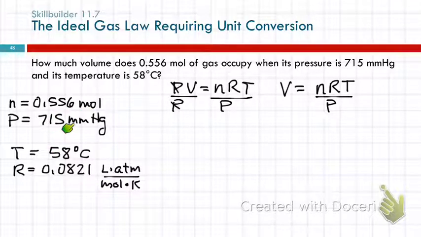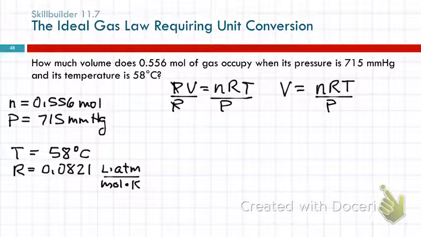Moles is fine, but millimeters of mercury isn't going to work. Degrees Celsius isn't going to work. So I'm going to convert those before I stick them in there so I don't have to erase a bunch of stuff. The third option is you plug all the numbers in without thinking about the units, and you do a very nice calculation and you come up with the wrong number. I don't recommend that one.